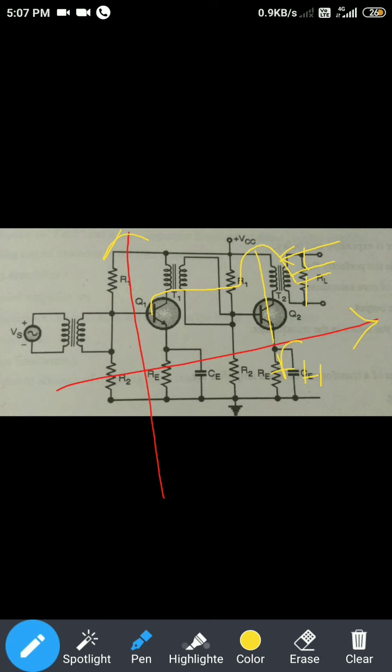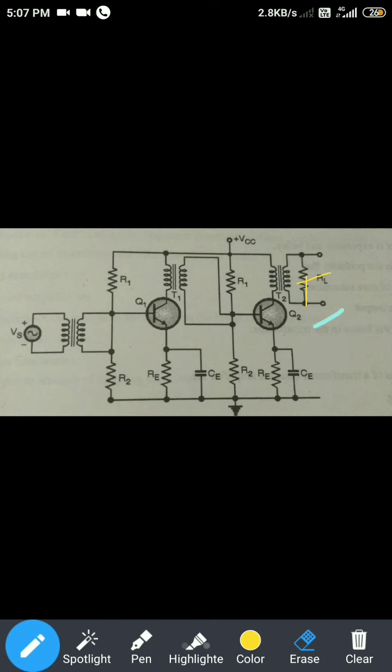Due to this internal interwinding capacitance, resonance may occur, which is also called peaking. So these are some main features of the transformer coupled multi-stage amplifier.